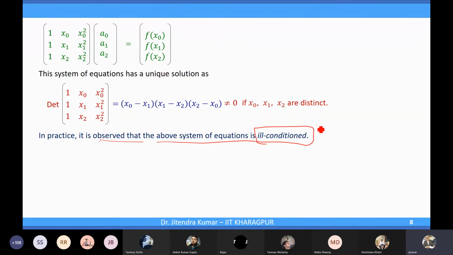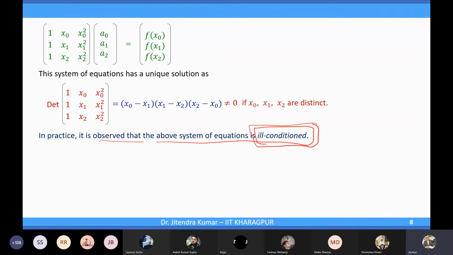I have mentioned this a little bit in the system of equations, and naturally here also we will not go into detail. But you have that notion that ill-conditioned systems mean that even the truncation error, because every computer or calculator truncates the number, will lead to a very different solution, not the actual solution.